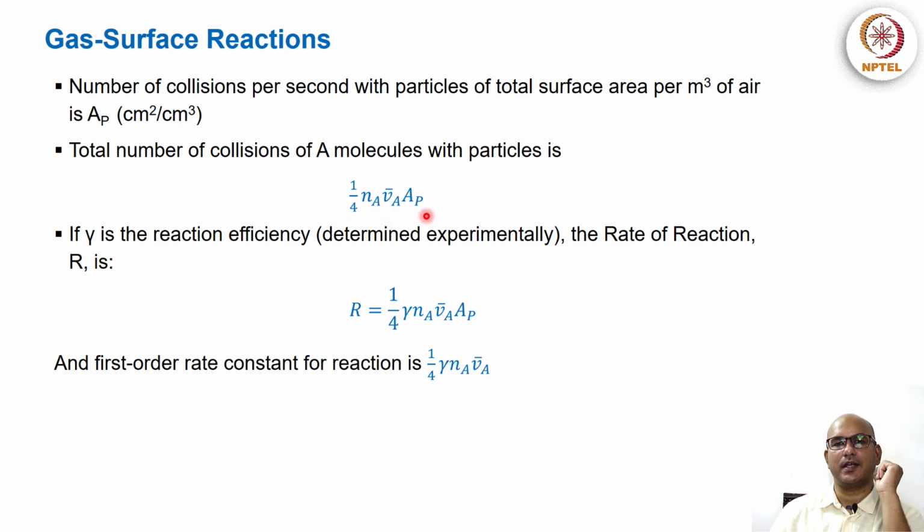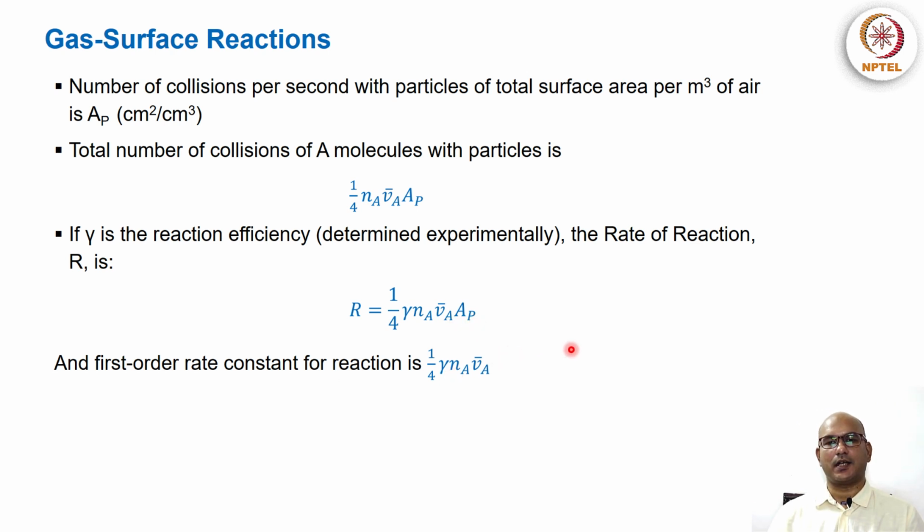Now, this is the number of collisions, but we also know that the reactions are not 100% efficient. So, if we have gamma as the reaction efficiency, which is generally determined experimentally, the rate of reaction R will be 1/4 gamma Na VA multiplied by AP.